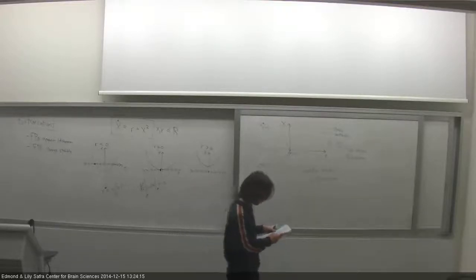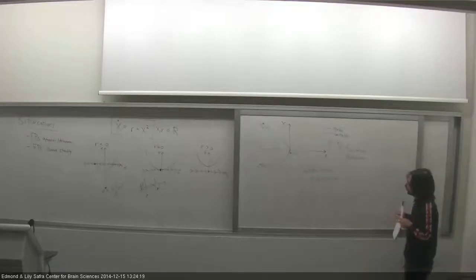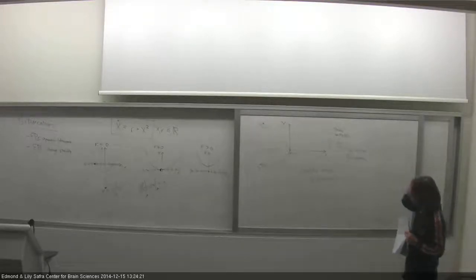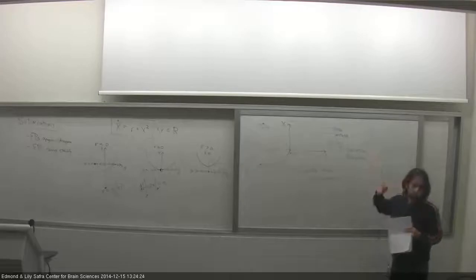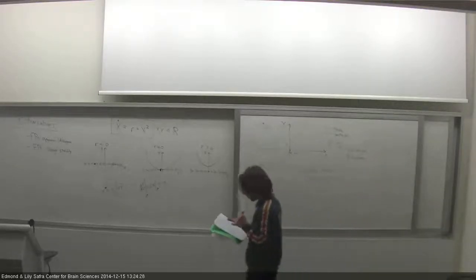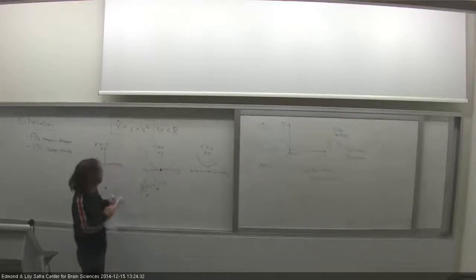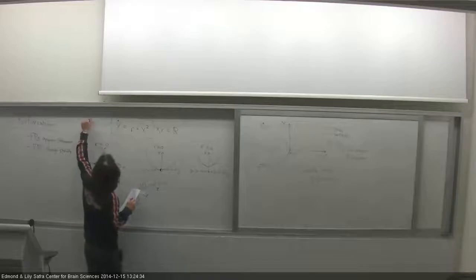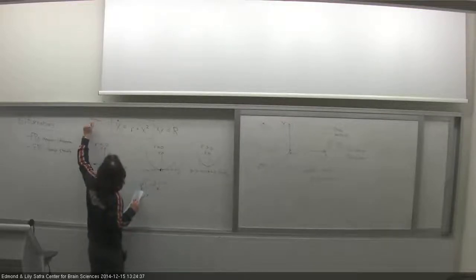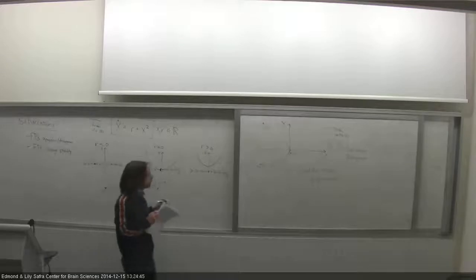Now, when we deal with bifurcations, we have those prototypical examples that we call the normal forms. So this is a normal form of a saddle node bifurcation.